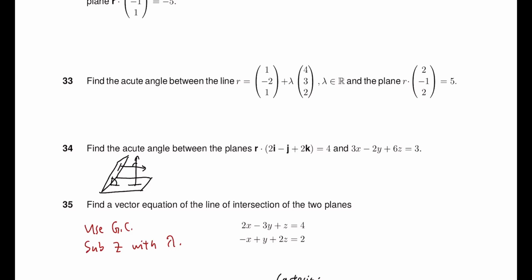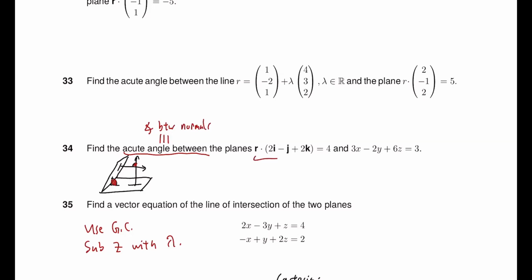Can you see? Oh, yeah. So what's the conclusion? If you want to find the angle between planes, it's actually the angle between the two normals, equivalent to angle between normals.